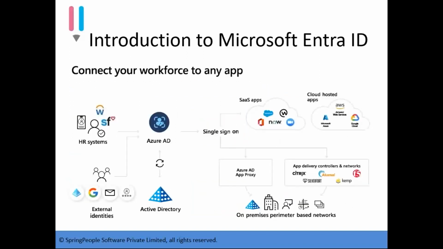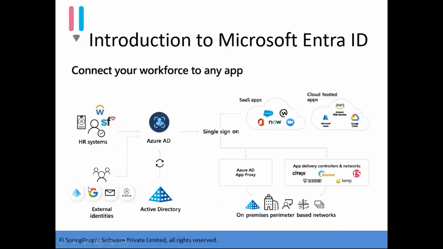Then there are workforce apps also. As described, you can have multiple application systems coming in. Internally, you can have a Workday system, Salesforce or other HR systems. And apart from that, you will have some external IDs.